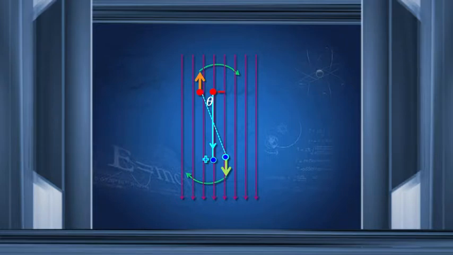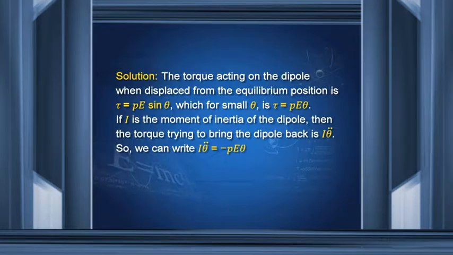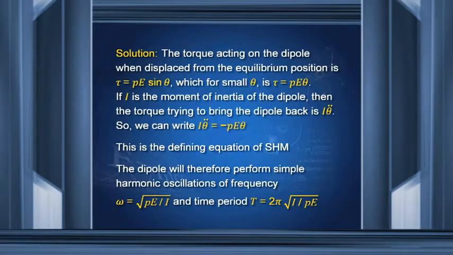So, this torque which brings it back is I times theta double dot, I times d2 theta by dt square, and the angular acceleration is proportional to the angular displacement. That is the signature of a simple harmonic motion. So, it performs simple harmonic motion and the time period is 2 pi square root of moment of inertia divided by PE.